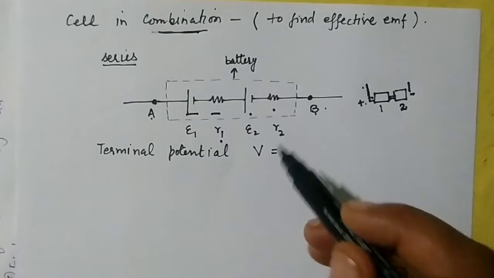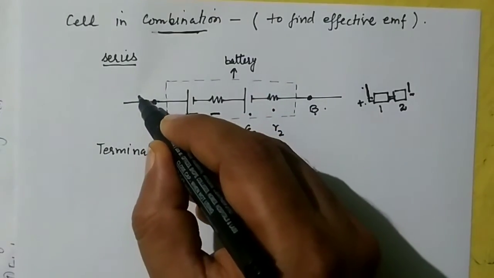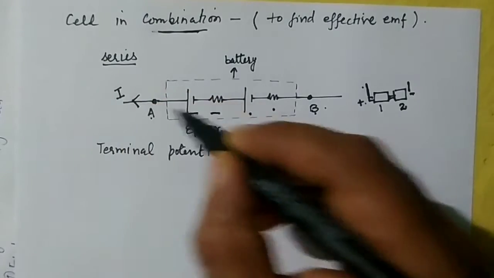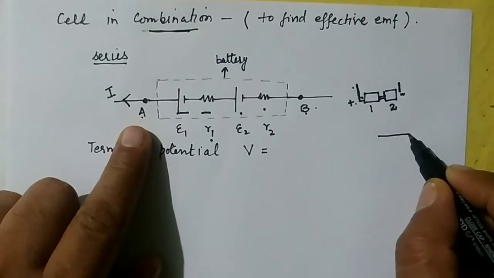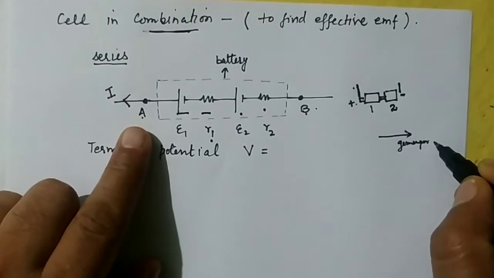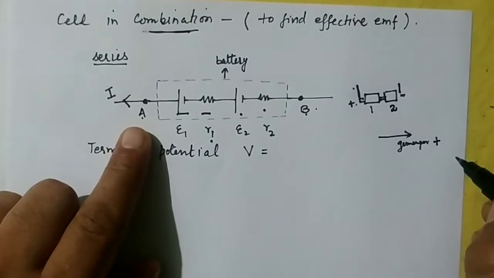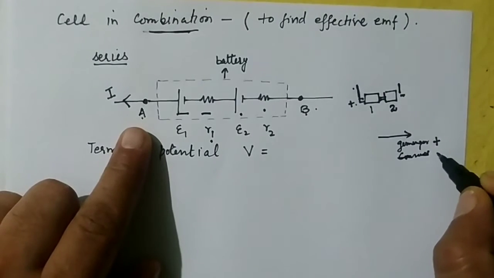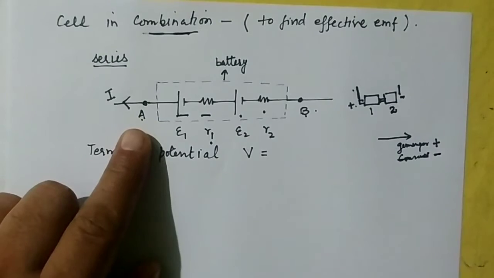Suppose the circuit is closed and the direction of current is along this direction, given by I. Moving in an electrical circuit, if there is any generation of potential, it is taken as positive. When there is a consumption of potential, it is negative.